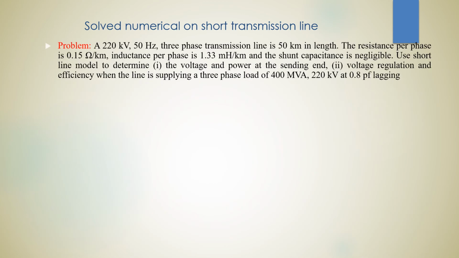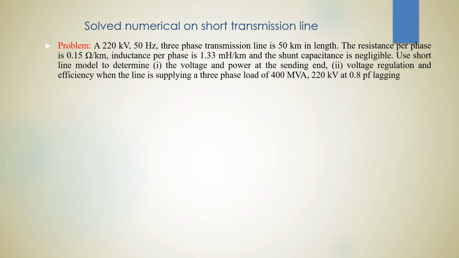The problem given is: a 220 kV, 50 Hz, 3-phase transmission line is 50 km in length. The resistance per phase is 0.15 ohms per kilometer. Inductance per phase is 1.33 millihenry per kilometer, and the shunt capacitance is neglected.